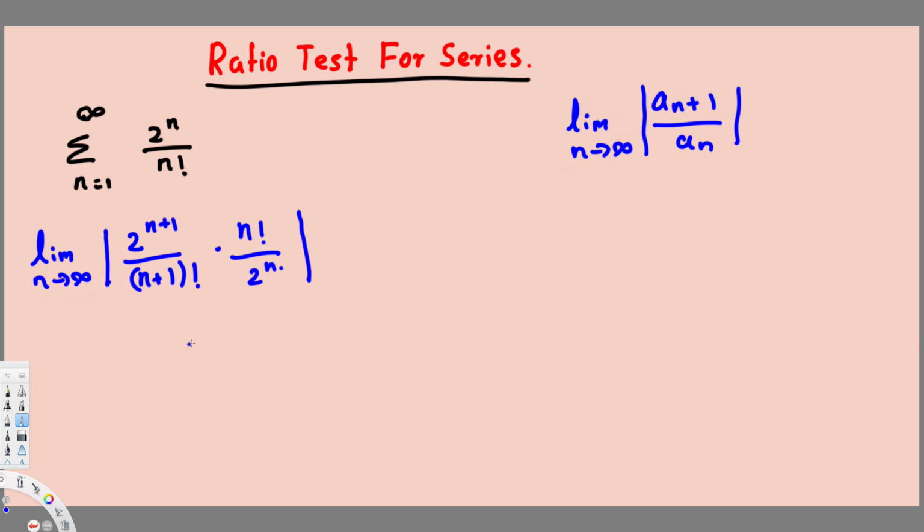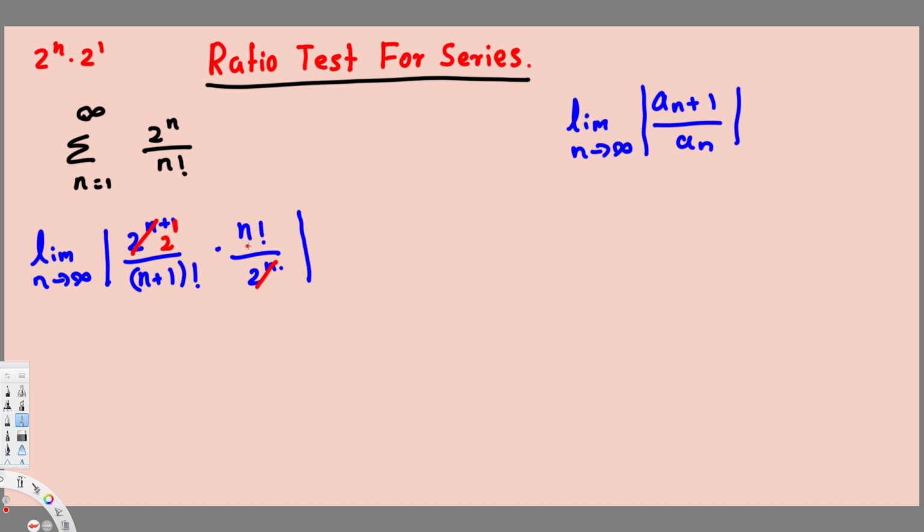Now we can cancel something. If you notice, 2 to the power n plus 1 is the same as 2 to the power n times 2 to the power 1, right? So we can cancel this 2 to the power n and 2 to the power n. We have 2 to the power 1 remaining. And then n factorial and n plus 1 factorial.